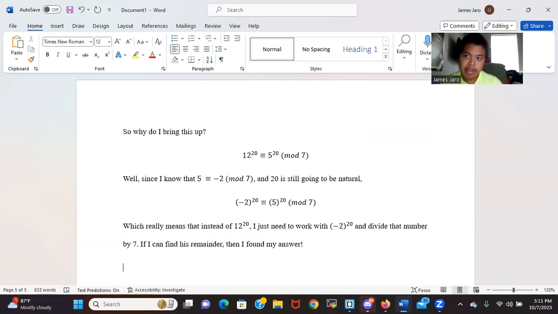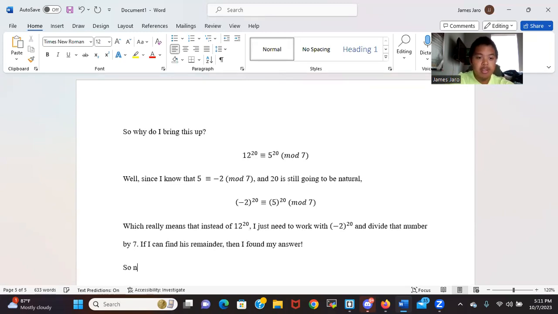At least for me, it's a lot easier to work with smaller numbers rather than bigger numbers, even if it's a negative. If it's a negative, we just need to look out for the even and odd exponents. Odd exponents mean we get a negative number, and even exponents mean we get a positive number. But other than that, powers of 2 is way easier than doing powers of 5 or powers of 12. So from a mental math perspective, I cut down my work significantly by just using these simple properties.